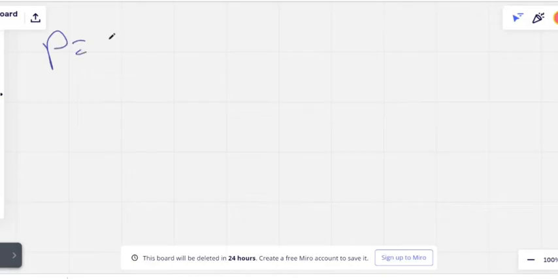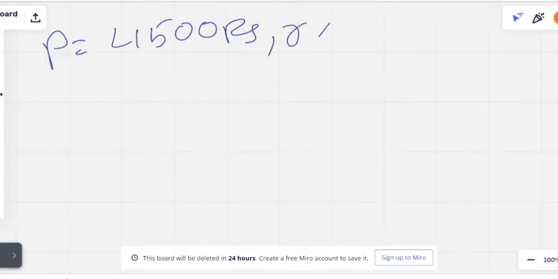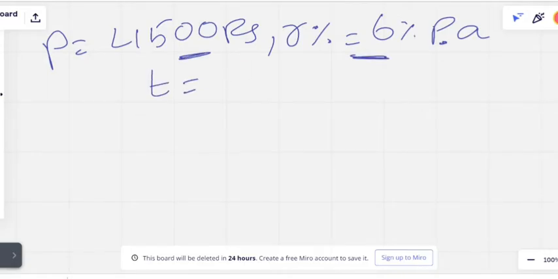For example, the sum of amount they have given is 4,500 rupees, the rate of interest is 6% per annum, and the time period is 1.5 years. Let's assume this scenario.